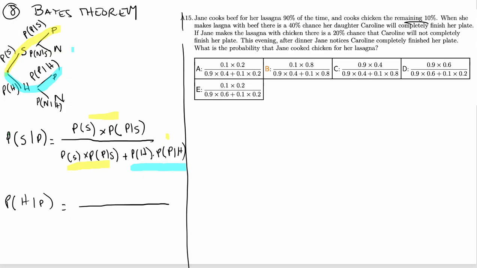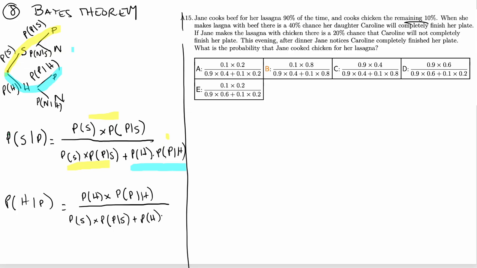But now, what you're going to do is put the blue branch in the numerator, which is the path that you want. You're landing into positive, given that you're healthy, divided by the paths that lead you to positive.